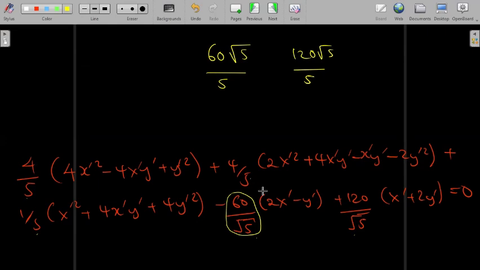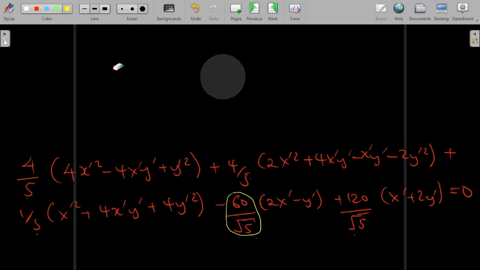How? When I multiply by 5 throughout, those 5s divide and cancel out. I know you won't get lost because I've explained. When I multiply by 5 throughout, the whole thing multiplied by that 5, those 5s divide and I just remain with 4.